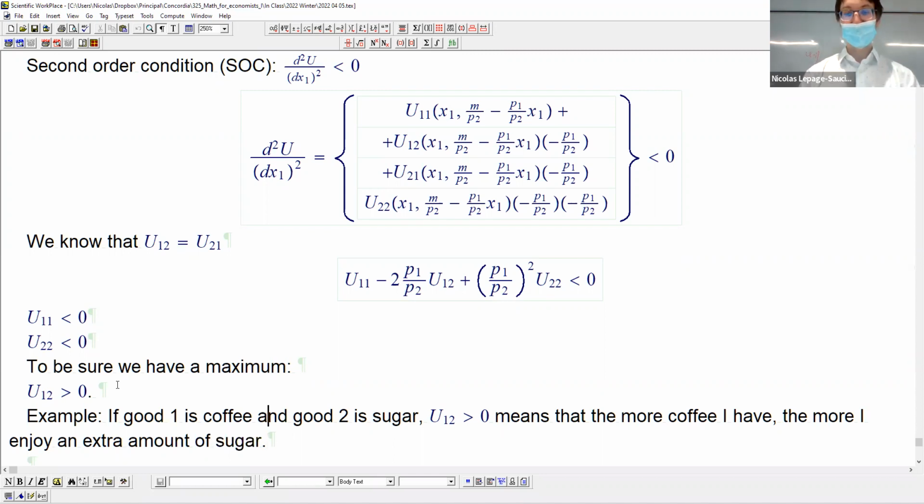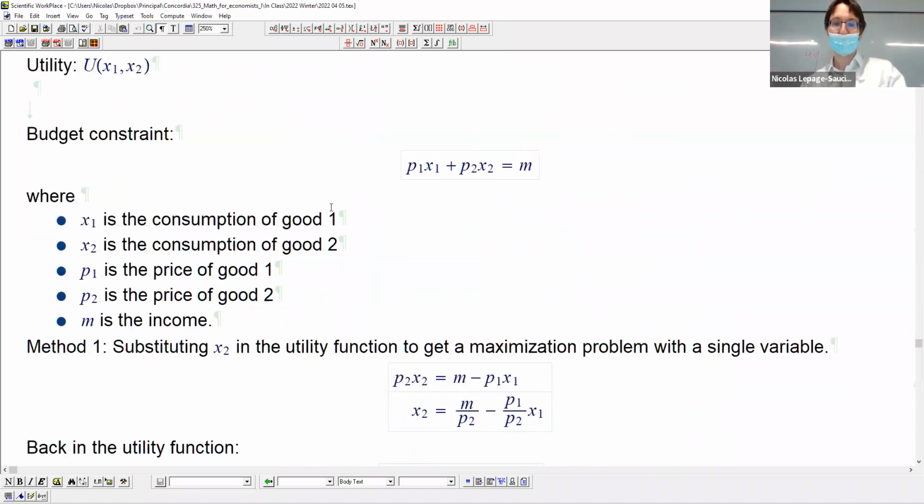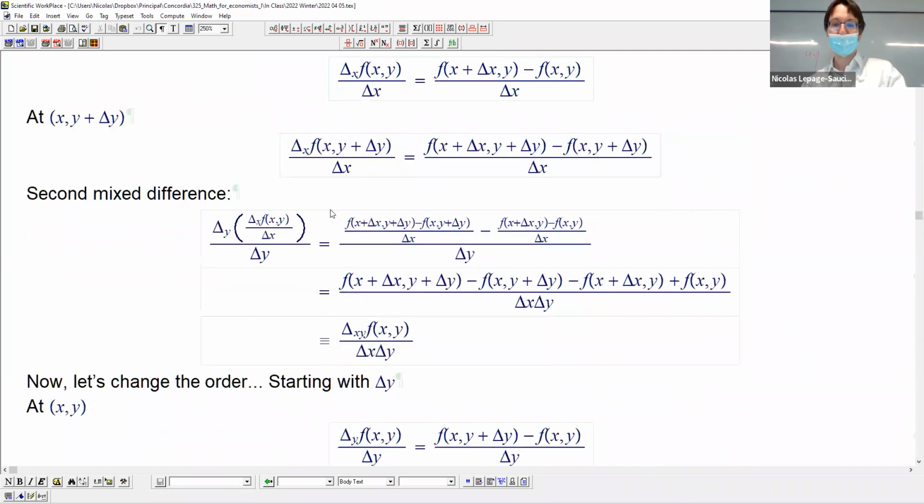So it's not the fact that I can enjoy more coffee, I'm happier with more coffee, or I'm happier with more sugar. The cross derivative is how much an extra quantity of good one affects my enjoyment of an extra quantity of good two, right? Again, if I go back to this proof I showed you there.